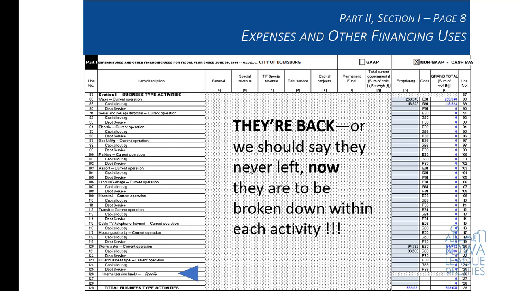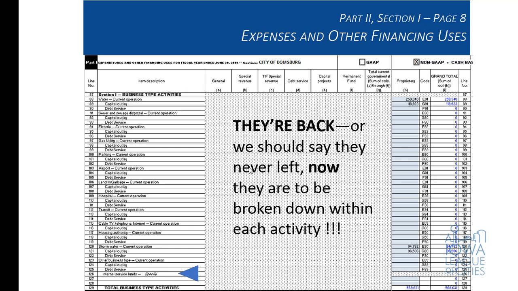For those of you who are seasoned clerks, you may recognize that before, the capital and the debt service for the enterprise were all aggregated, and you only had to put the total for capital and the total for debt service under proprietary. Now, this form requires you to know how much was water, how much was sewer, or whatever your enterprises are. They want the breakdown for that kind of detail.